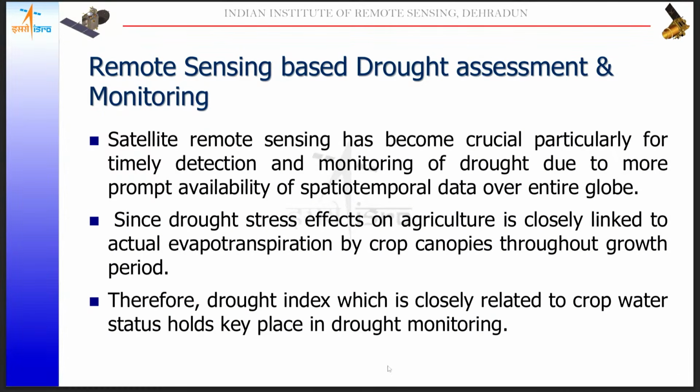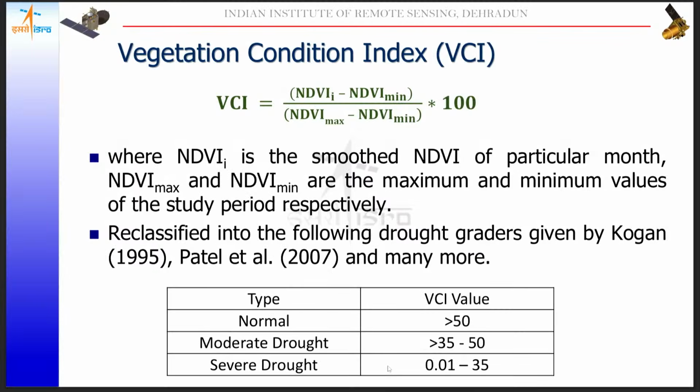So with that understanding, if you integrate the information derived from remote sensing in the visible and near infrared bands and use spectral vegetation indices, we can easily assess drought conditions and monitor a larger area in terms of spatio-temporal variability.